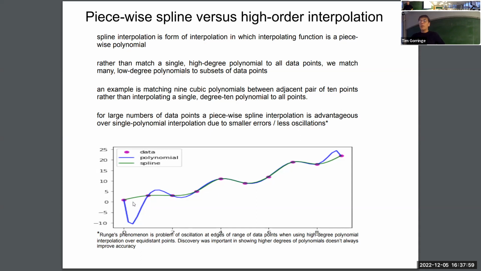But at the bookends, this left bookend over here, this right bookend over here, you see this problem of high order polynomials: you get oscillations near the extreme left and extreme right, and those large oscillations give you large interpolation errors, large interpolation uncertainties.